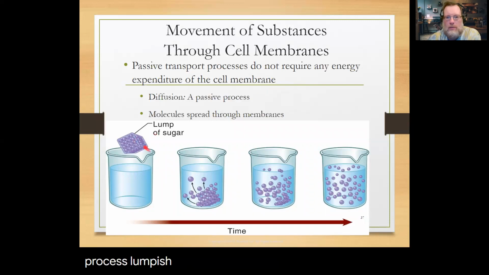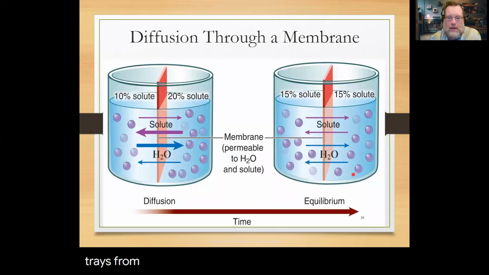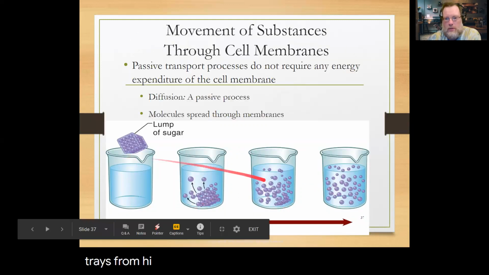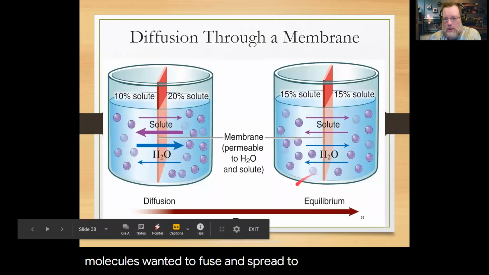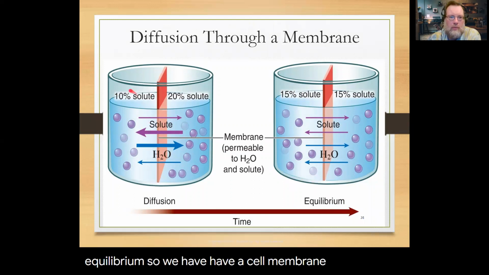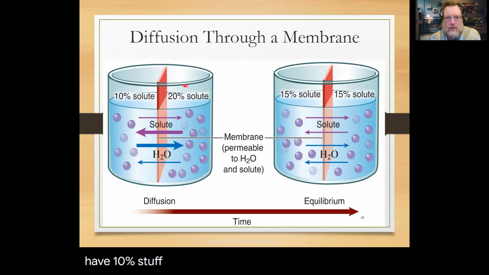So anyhow, diffusion, a passive process. Lump of sugar, large concentration to small concentration, from high amounts to where there are less. These molecules want to diffuse and spread to attain equilibrium. So we have a cell membrane where we have 10% stuff here, 20% stuff here.